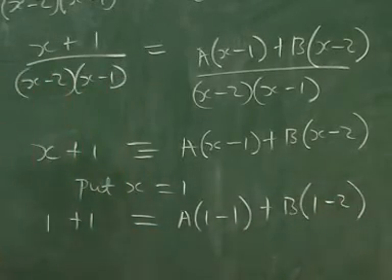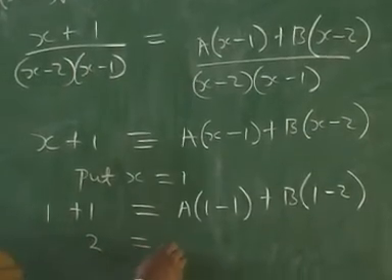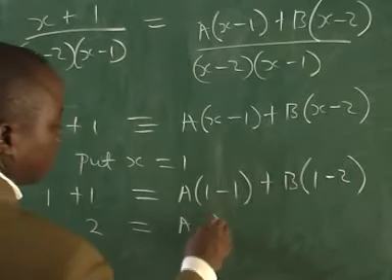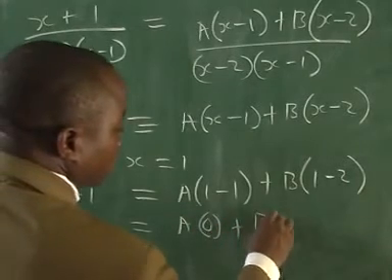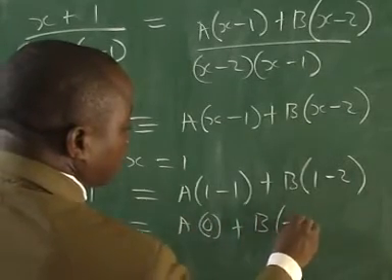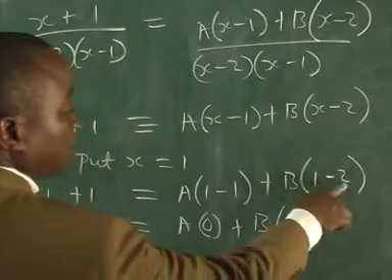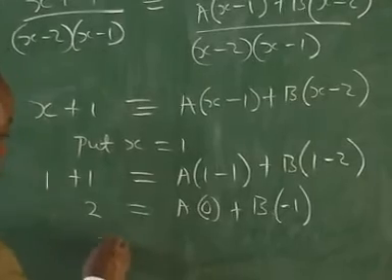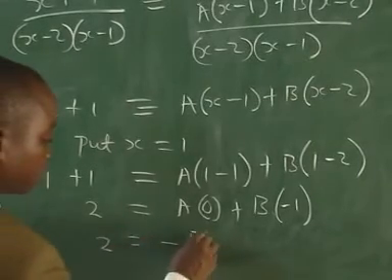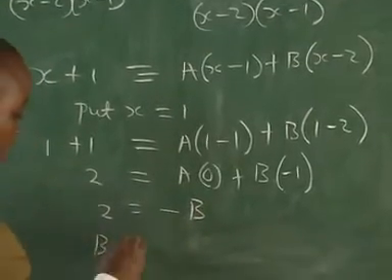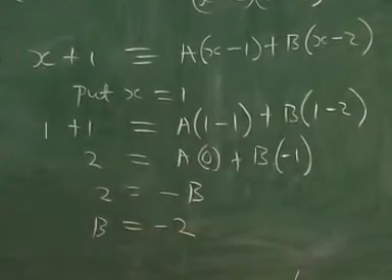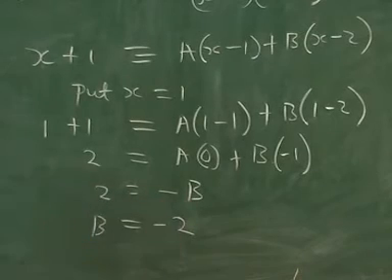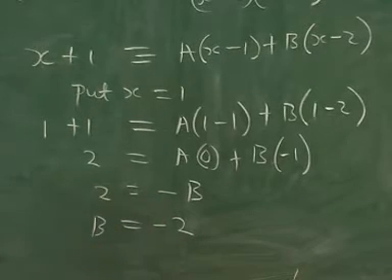So what do we have? We have 2 will be equal to a times 0 plus b times minus 1, because 1 minus 2 is minus 1. Which means that 2 is equal to minus b. It implies that b is equal to minus 2. Because if you make b the subject of the formula, you divide by this and have minus 2.